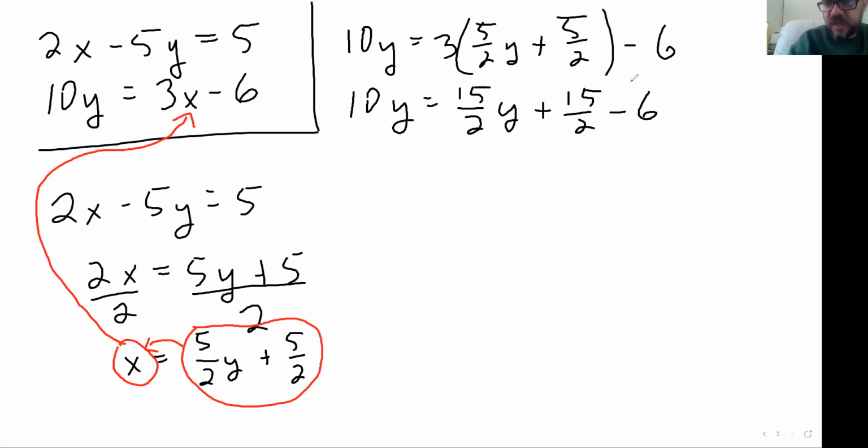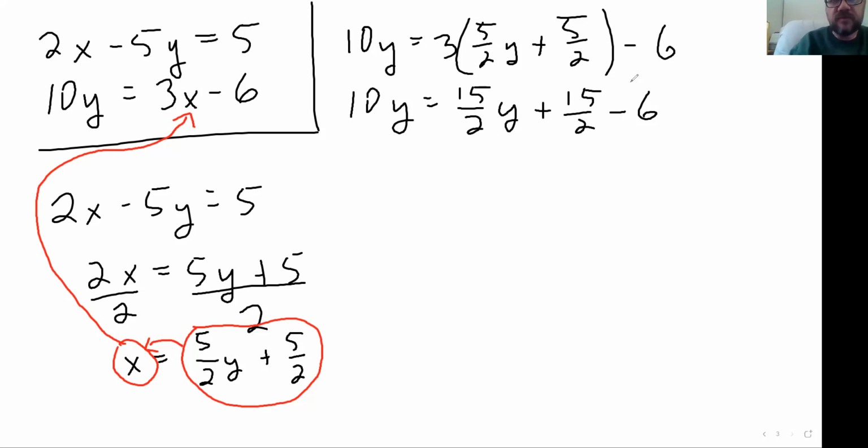I'll go ahead and combine the like terms. So actually, before I combine the like terms, I think what I'm going to do is get rid of the fractions by multiplying everything by 2. I'm going to multiply both sides of the equation by 2, so that the fractions go away.